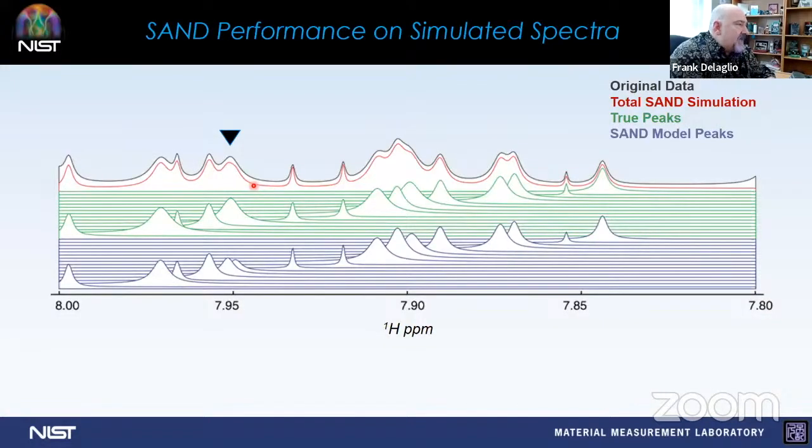Now, to get into a more realistic example that matches what you would see in a metabolomics spectra, these are simulated spectra that were simulated to have peaks in many different locations and at several different line widths to kind of mimic what you might see in a metabolomics spectrum.